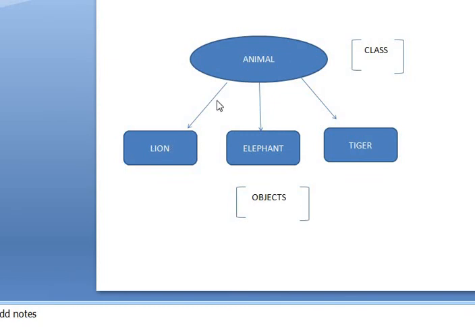So lion is a type of animal. Similarly, elephant is also a type of animal, and then tiger is also a type of animal. In short, we can say that a group of similar objects forms a class. So here lion, elephant and tiger fall under the same class known as animal.